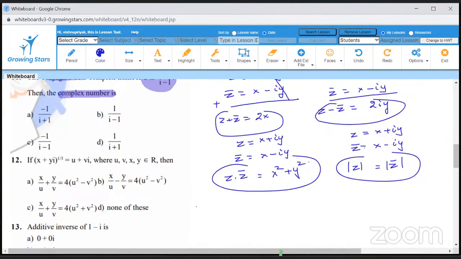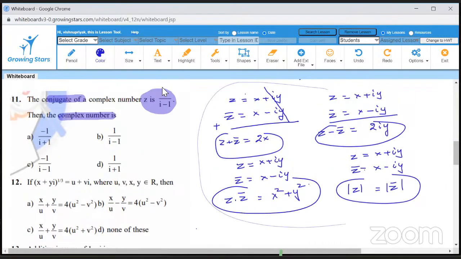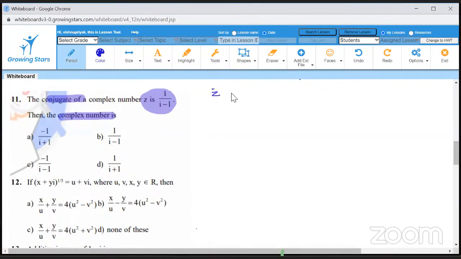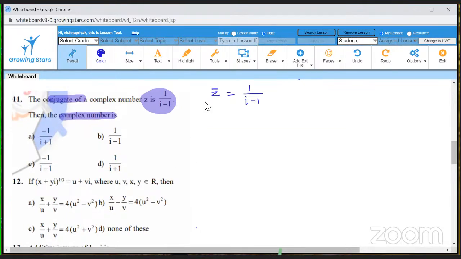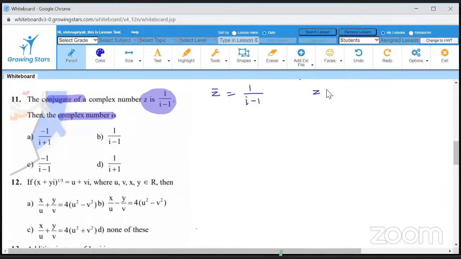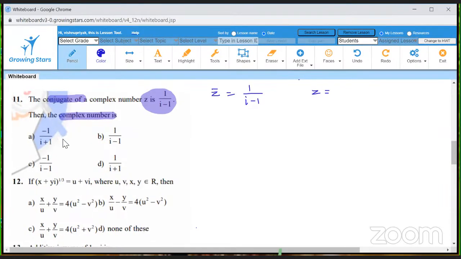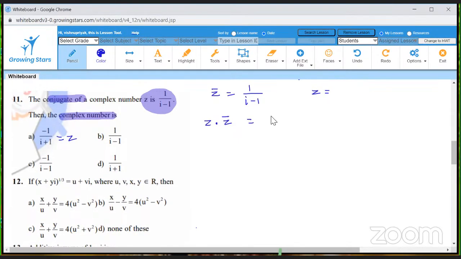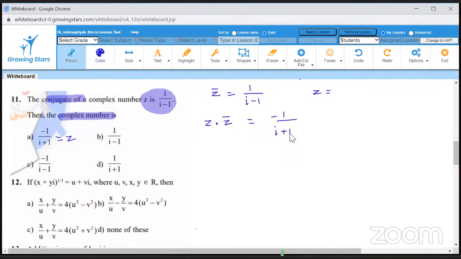So now coming back to the question, the 11th question only I'm answering. The conjugate is given as 1 by i minus 1, and you have to find z. You don't know z. Suppose option A is z. Then you take z and z bar and multiply: minus 1 by i plus 1 and 1 by i minus 1.